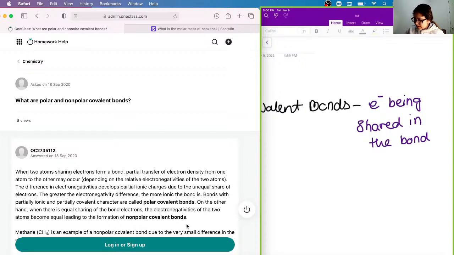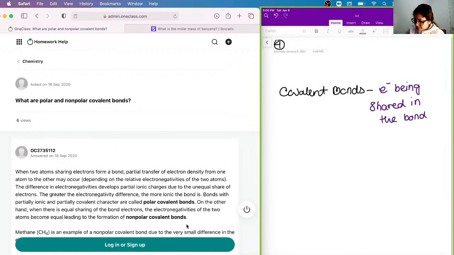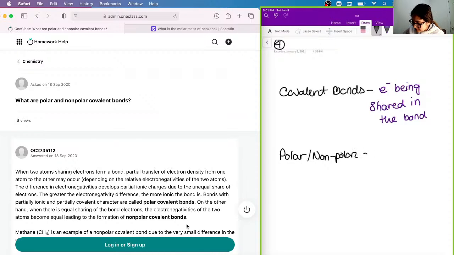When it comes to polar or nonpolar, this is where we're talking about the electronegativity of the two elements or atoms.